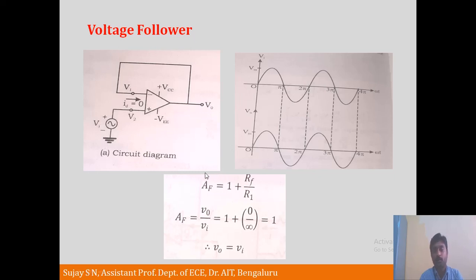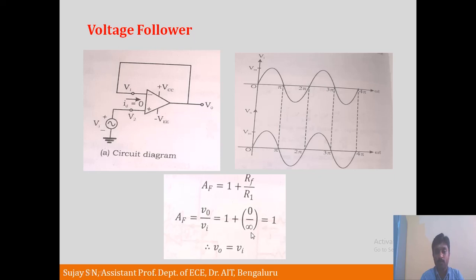If you remember the gain expression for non-inverting amplifier, it is 1 plus RF by R1, where RF is the feedback resistance, R1 is the resistance at the inverting terminal. But here RF is 0 and there is no R1, this is open, that's why it is treated as infinite. RF is 0 and R1 is infinite.